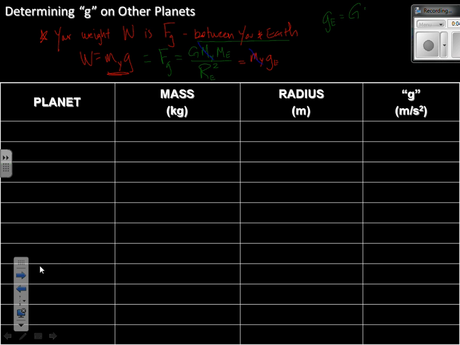Big G, mass of the Earth, divided by the square of the Earth's radius, which we can generalize and say g on any planet is G times the mass of the planet over the square of the planet's radius.